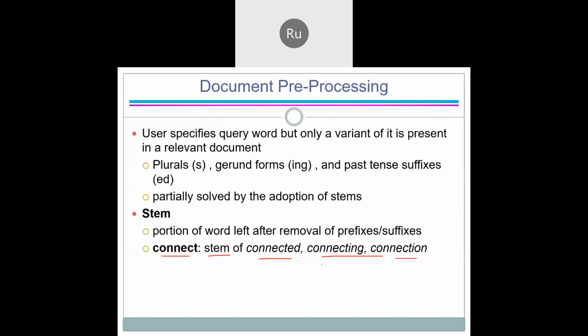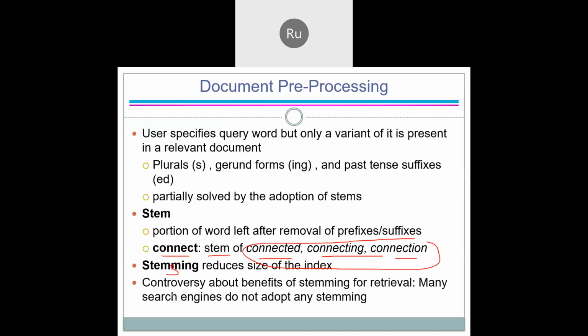So if these 3 words exist in your document, we count this connect 3 times, to reduce the unique terms that you have in your library. And keyword selection means that sometimes you say, okay, only keywords that exist at least 5 times. Then you reduce again the size of your vocabulary.